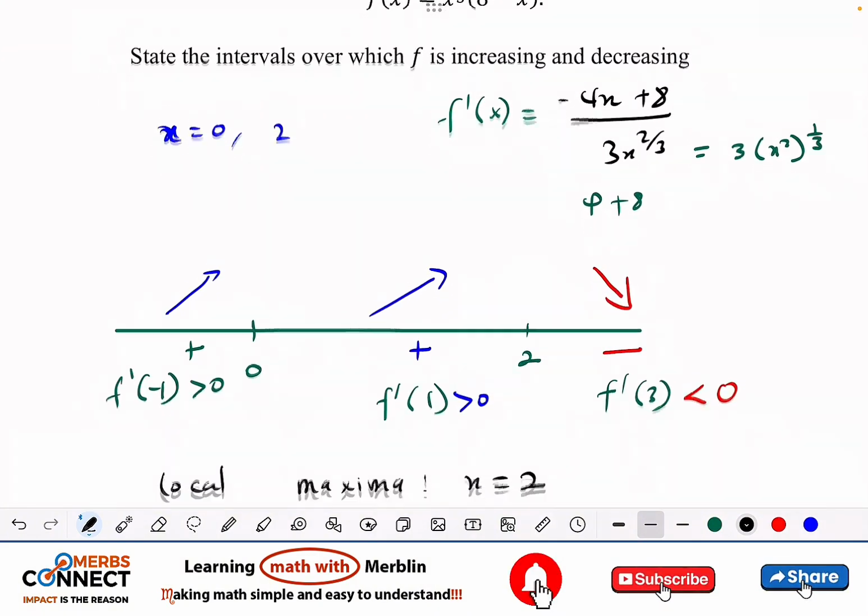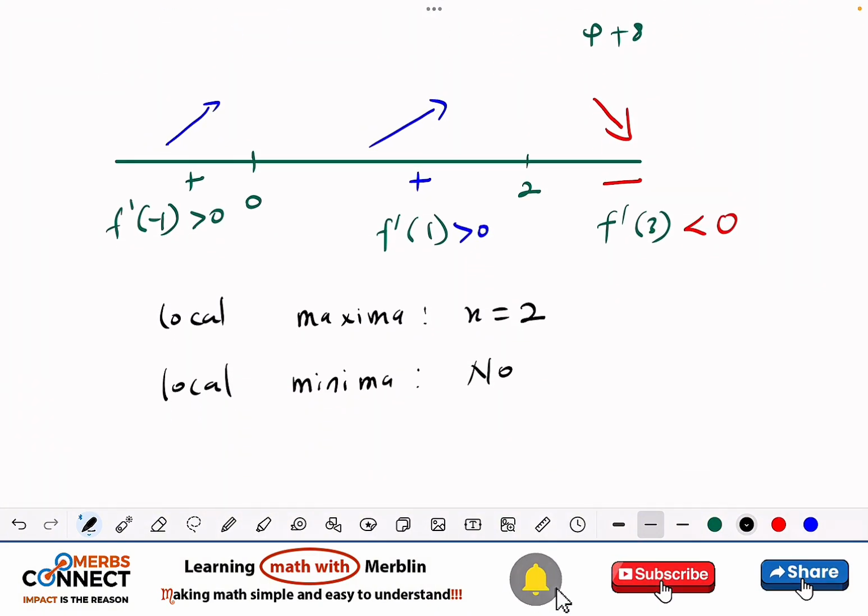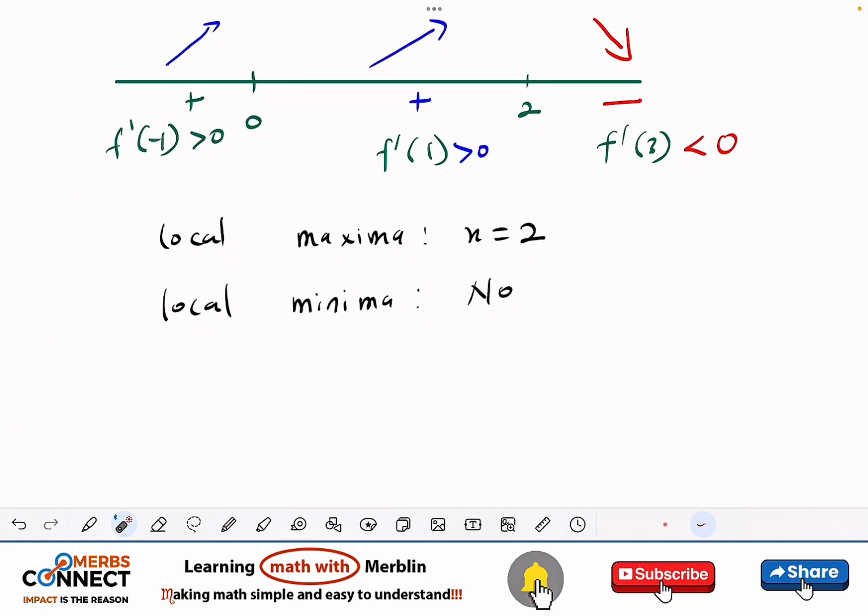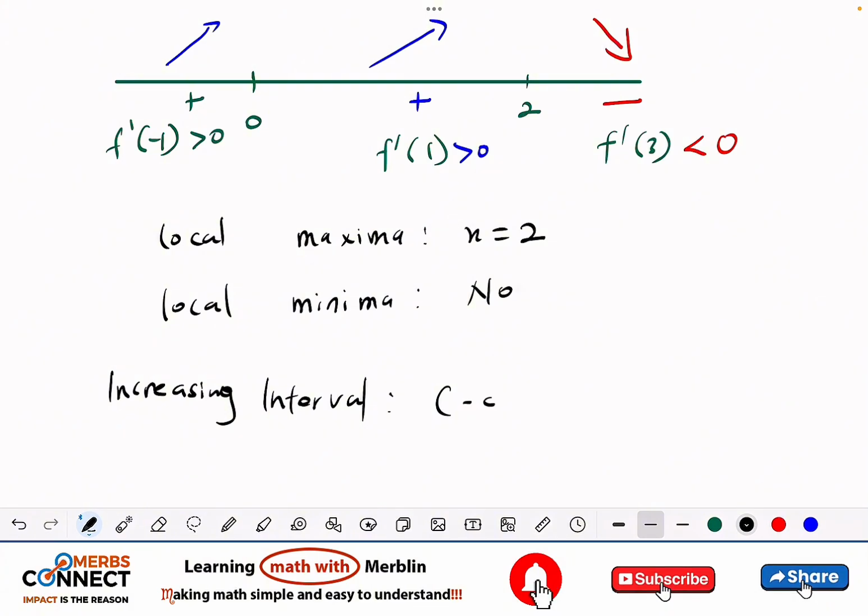Now let's talk about increasing and decreasing. So basically, as I said, increasing, this is also increasing, and this is decreasing. So this one is very quick to write. So as soon as you're able to draw your sign chart, increasing and decreasing become a bonus after testing. So increasing interval is from minus infinity up to 0, and from 0 up to 2.